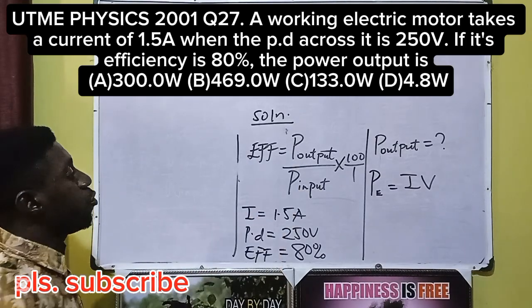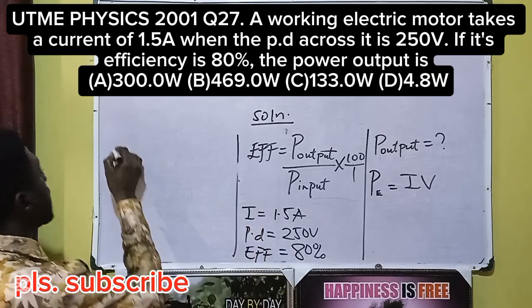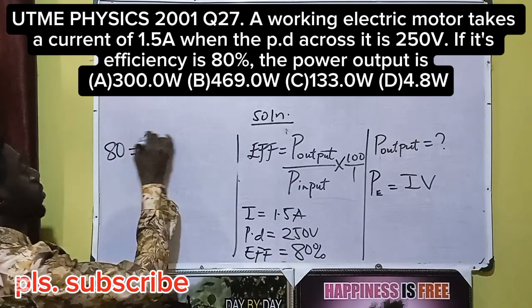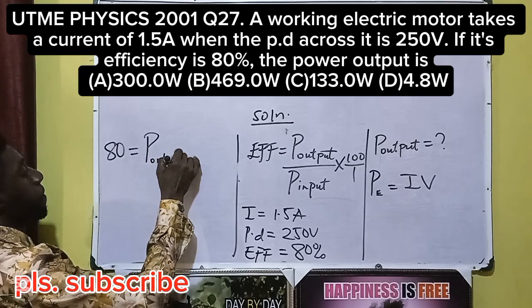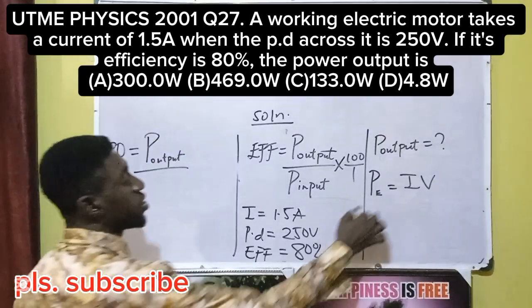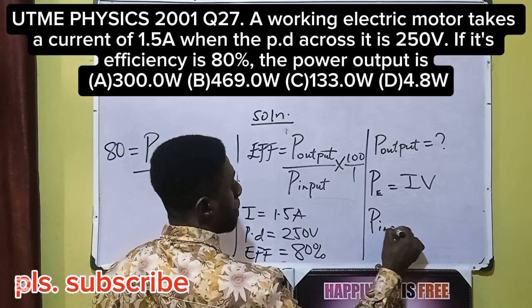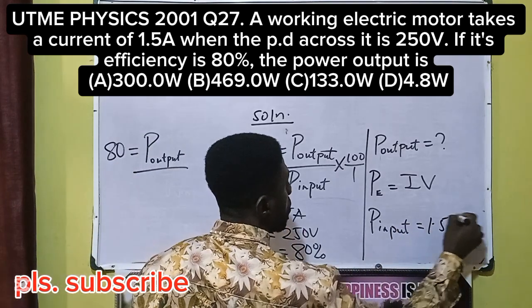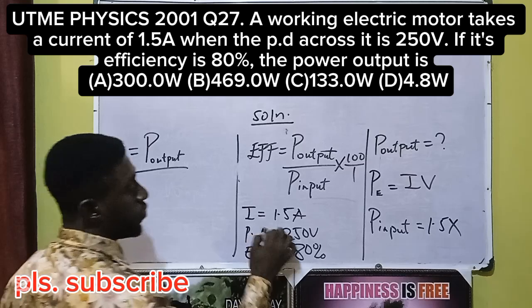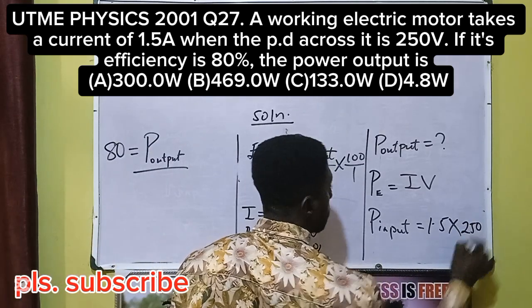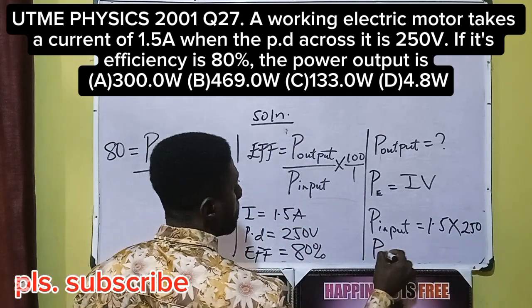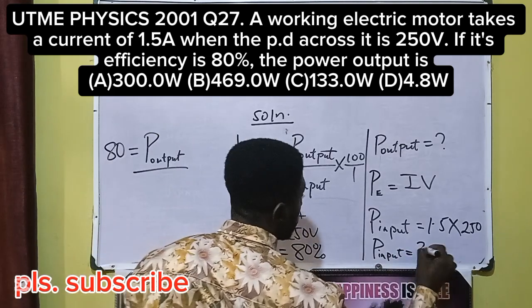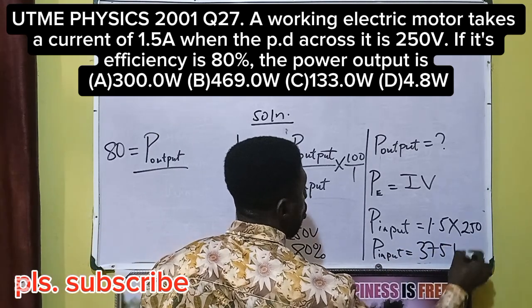Okay. Then let's solve. Using this formula, efficiency has been given, 80 equals power output, which is what we're looking for, over power input. Let's solve for power input. Power input will be the current, 1.5, times the voltage, 250. We'll be having 375 watts.